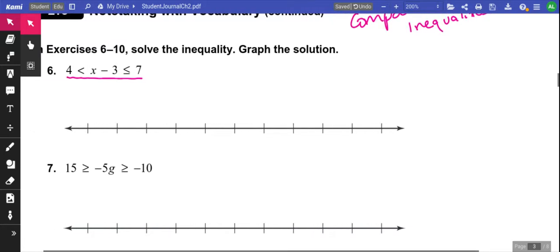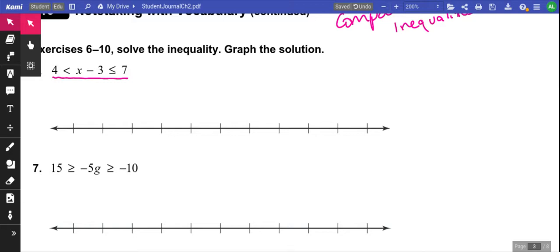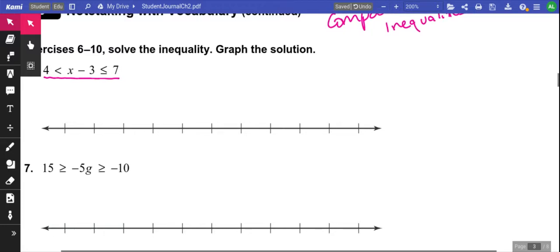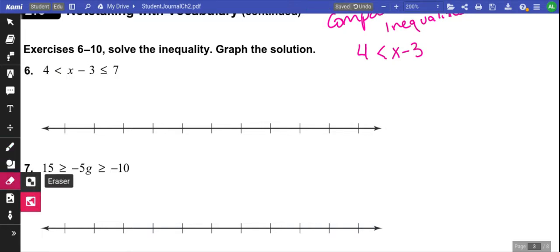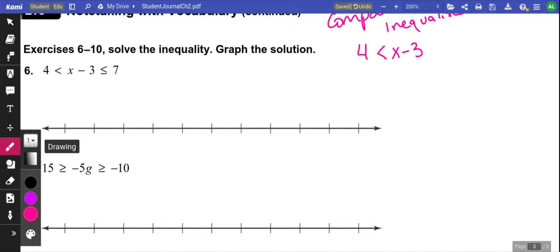I have this 4 is less than x minus 3, which is less than or equal to 7. The first thing I need to do to solve this out is split this into 4 is less than x minus 3. I'm going to split it into 2 chunks like this.